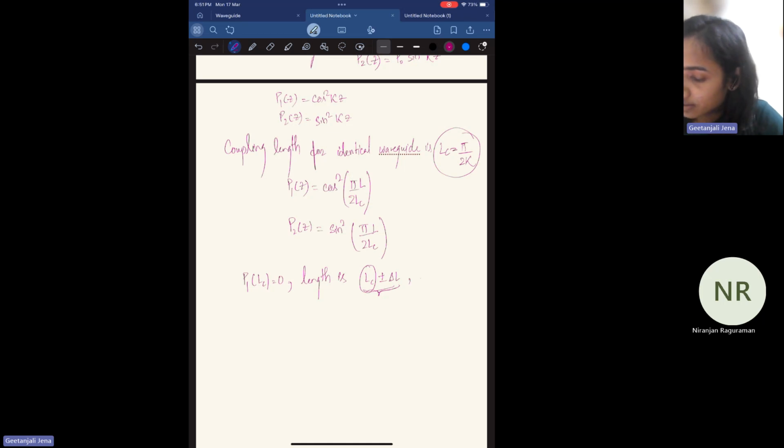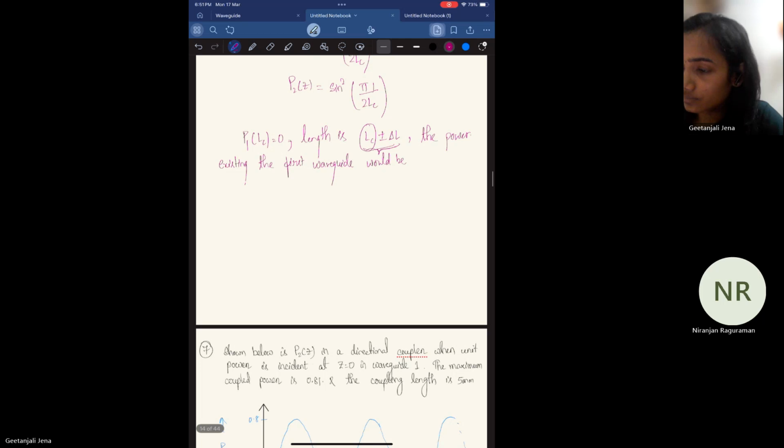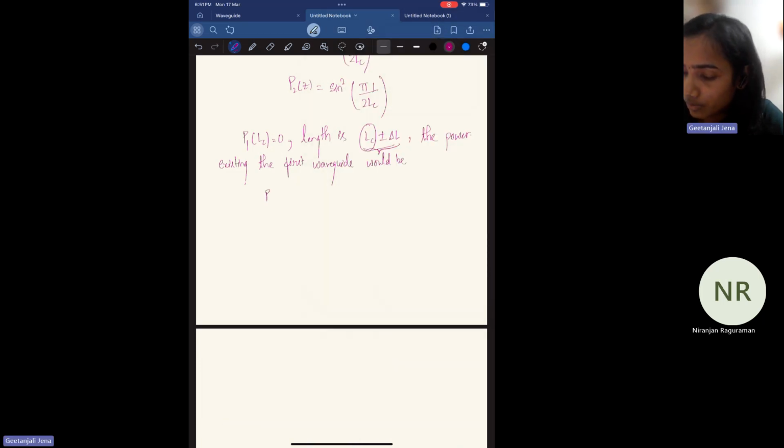So this means the power that will exit from the first waveguide is P1 at LC plus or minus delta L, which is cos square of pi by 2 LC times L, where L is LC plus or minus delta L. This is cos square of pi by 2 plus or minus pi delta L by 2 LC.